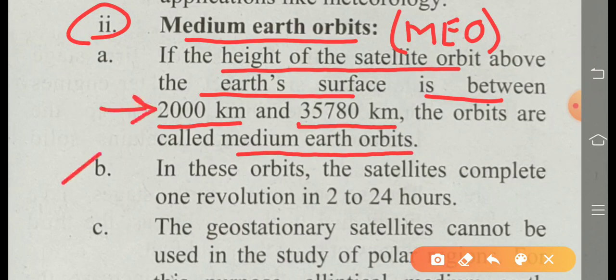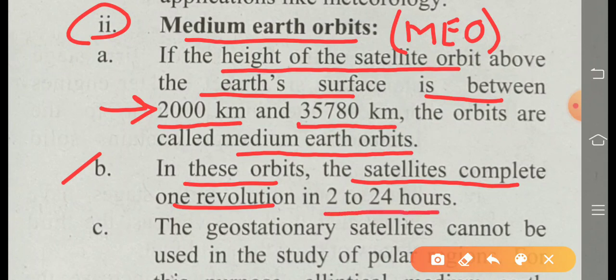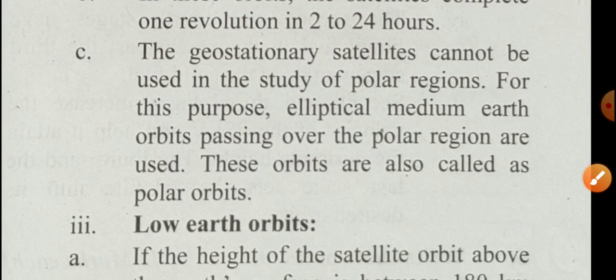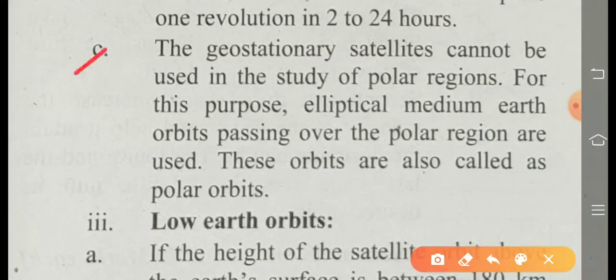Second point is given in this. In these orbits, the satellites complete one revolution in what time? In 2 to 24 hours. Third point is given.